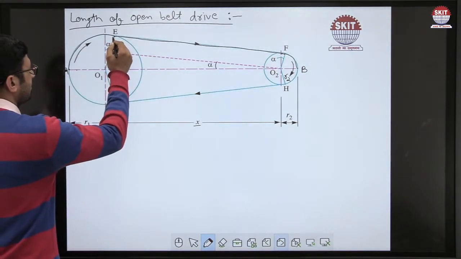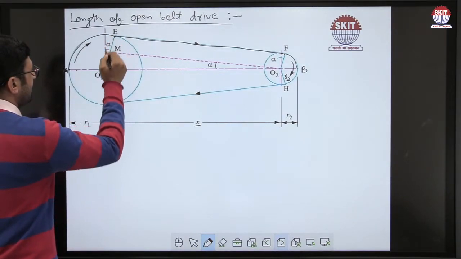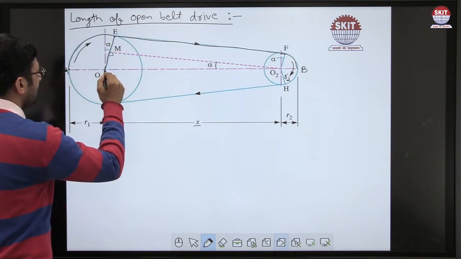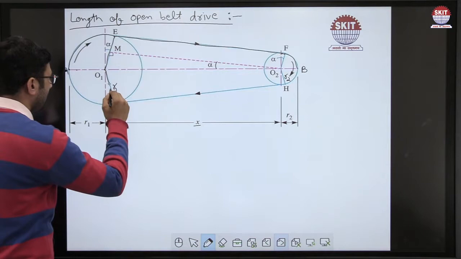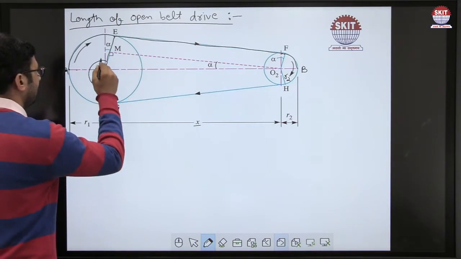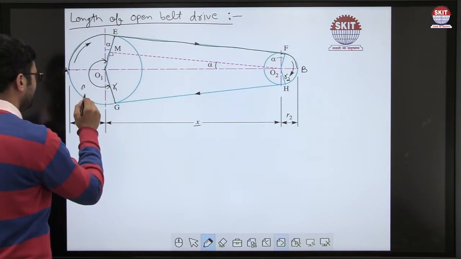From the geometry, this angle E, O1 and G is known as the angle of contact, which is denoted by theta.